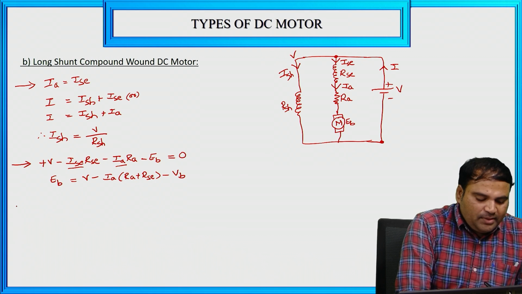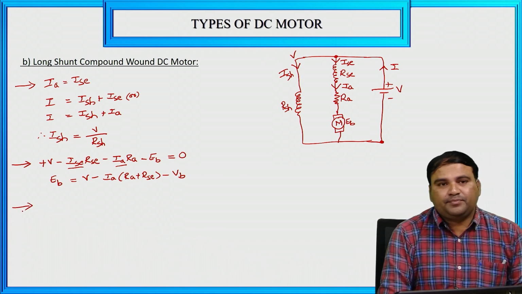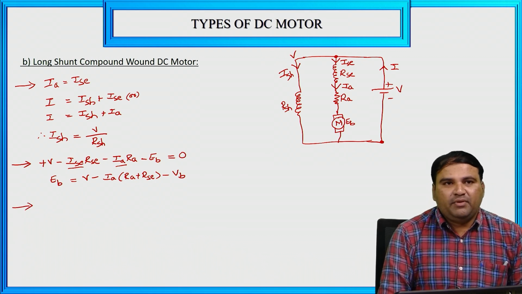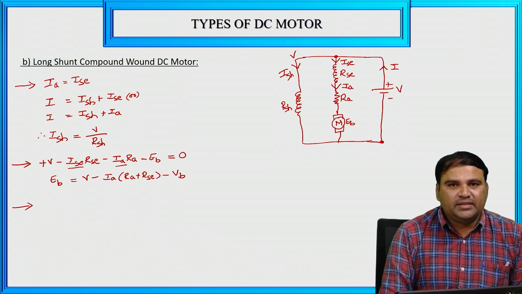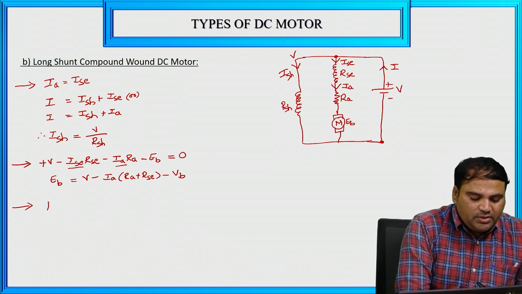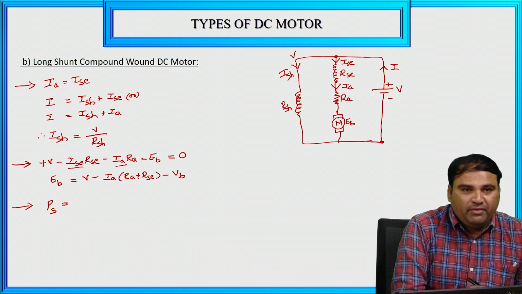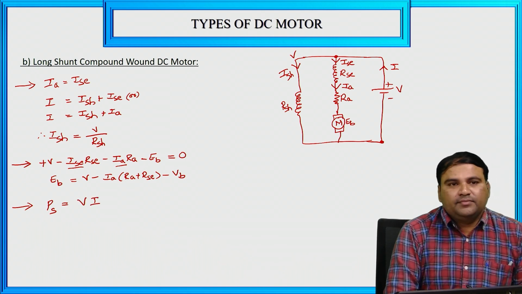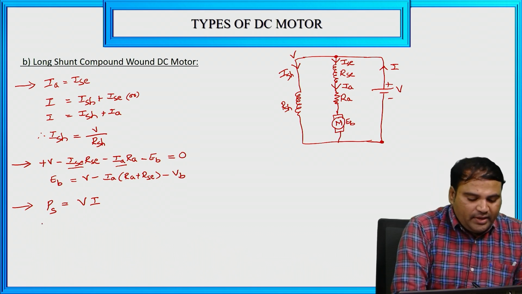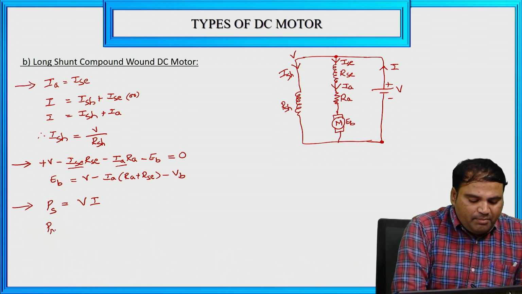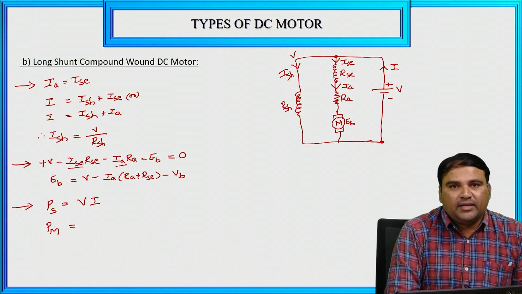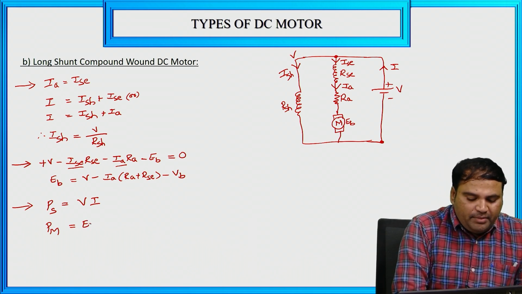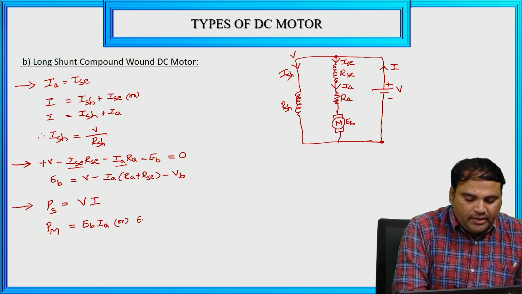And similarly, the third type is the power relation. So the power relation of the long shunt compound wound DC motor is, power from the source is equal to V into I, and the mechanical power developed by the DC motor is equal to EB into IA, or EB into ISC.